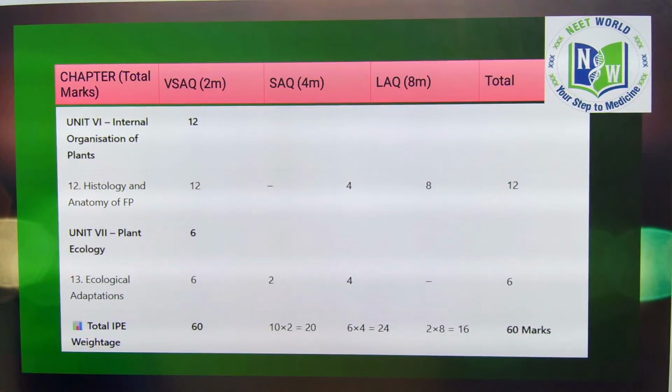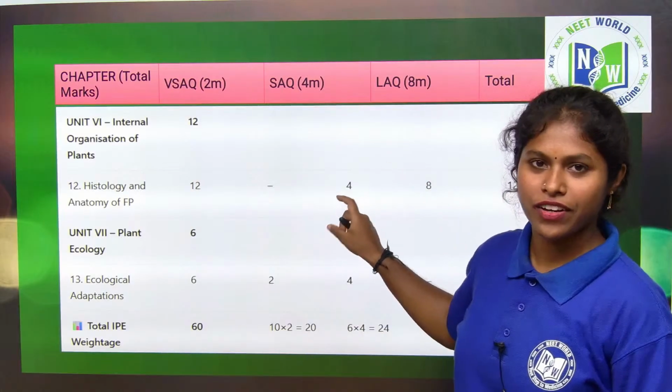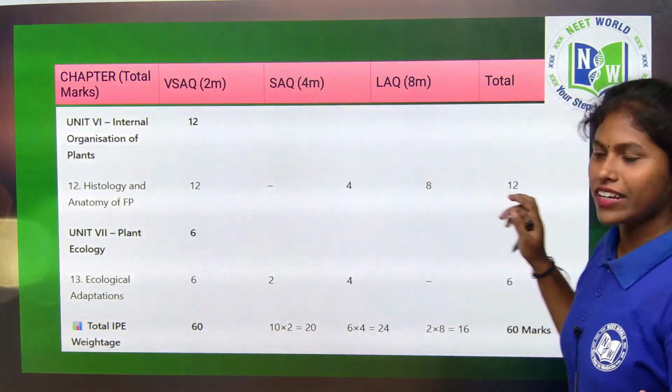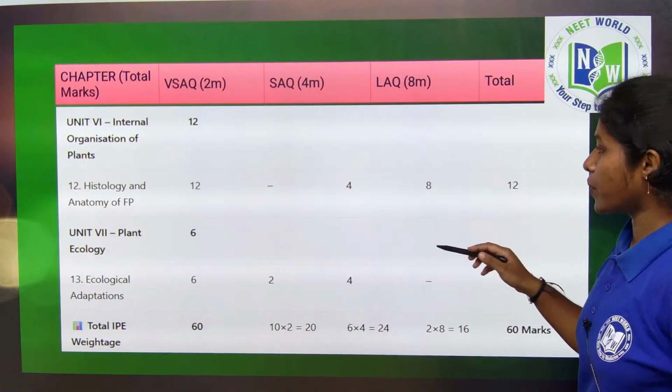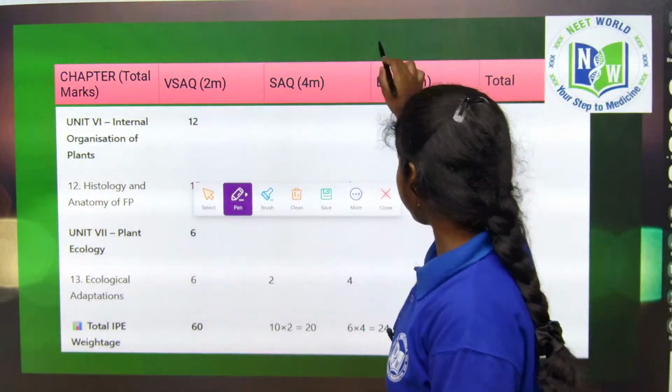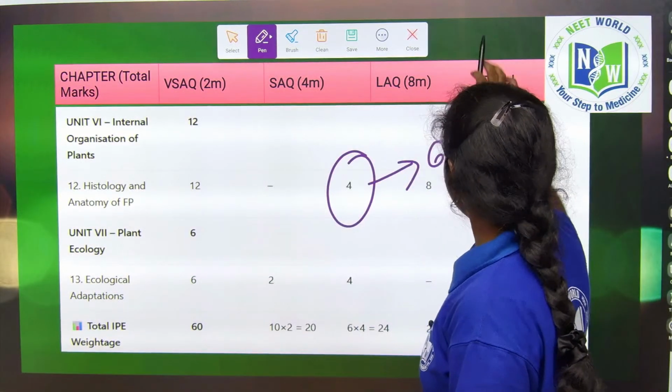Coming to the next chapters, the 6th chapter is internal organization of plants. In that, histology and anatomy, you will get the 4 marks question for sure. Here you are covering 6 short answer type questions.